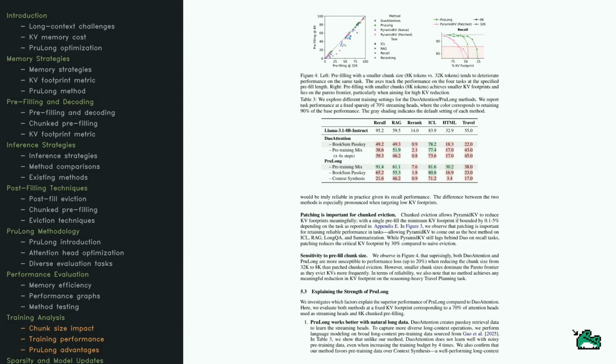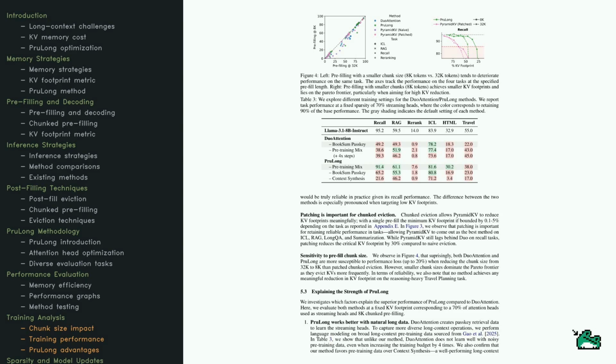It shows how these methods perform across tasks like recall and summarization at a fixed level of active attention heads. The results suggest PruLong, especially when trained with natural long context data, tends to outshine DuoAttention in maintaining performance while reducing memory usage. The text also explains the importance of patching in chunked eviction, helping methods like PyramidKV significantly cut down on memory use.